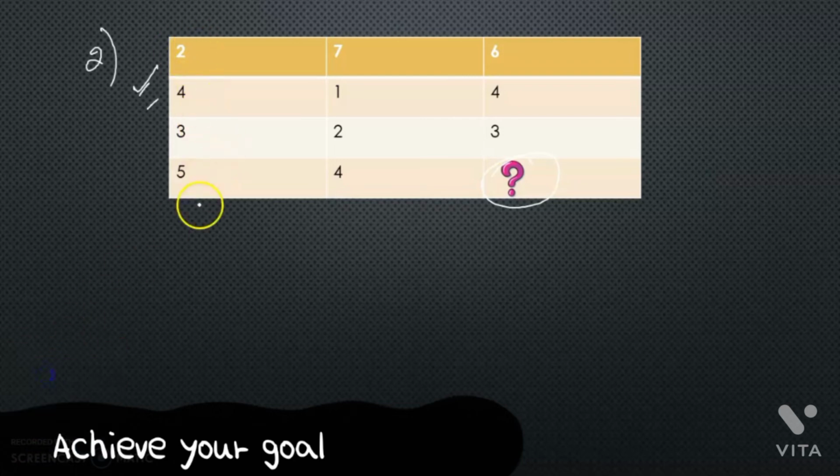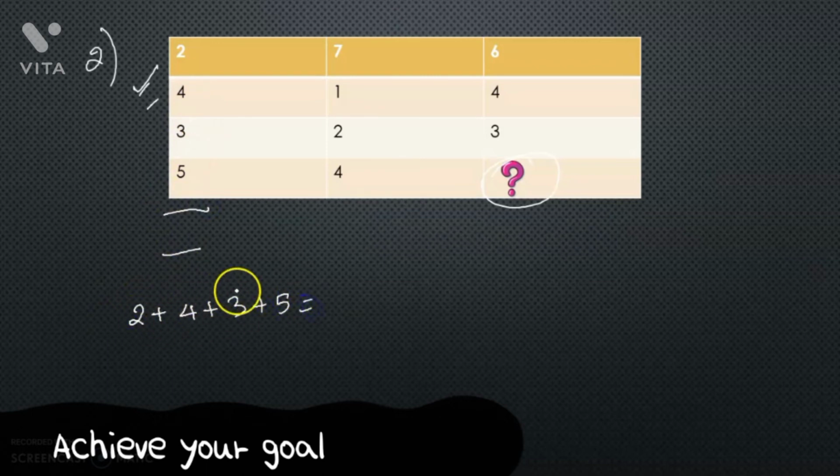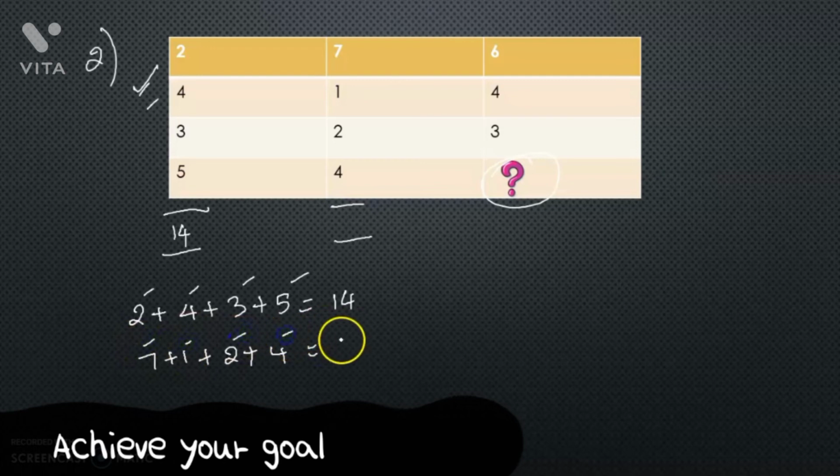So here let us add all the values, that is the first column, 2 plus 4 plus 3 plus 5. So 2 plus 4 is 6, 6 plus 3, 9, 9 plus 5, 14. Now let us check here, 7 plus 1 plus 2 plus 4. So this gives 7 plus 1, 8, 8 plus 2, 10, 10 plus 4, 14.